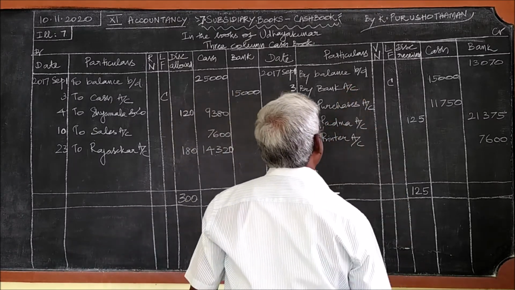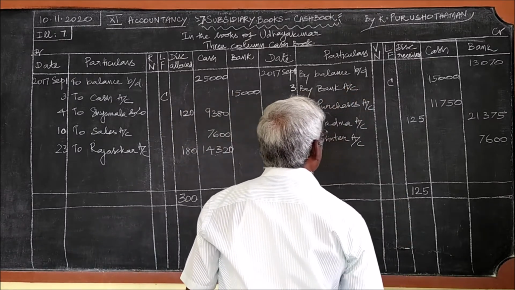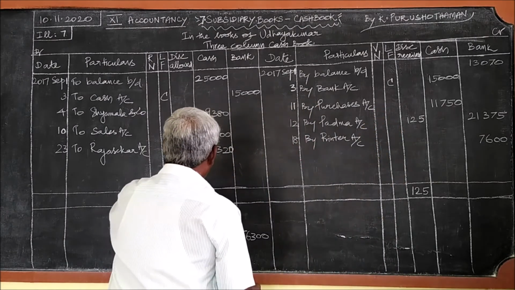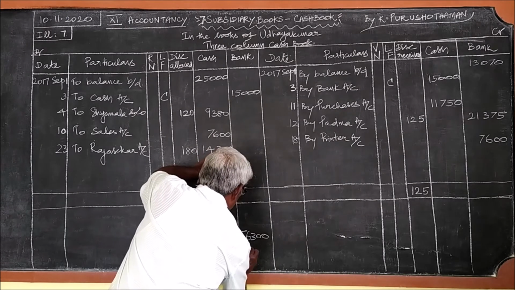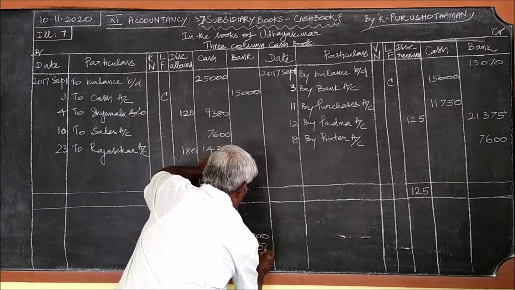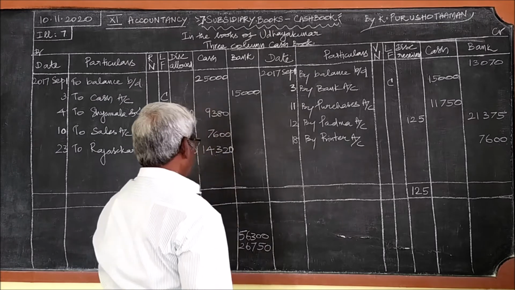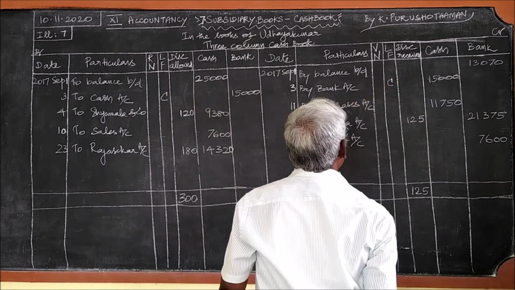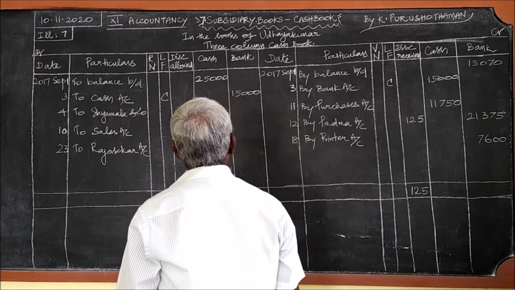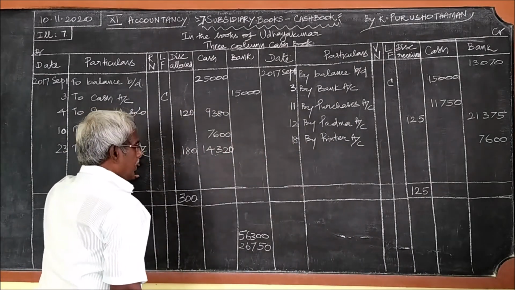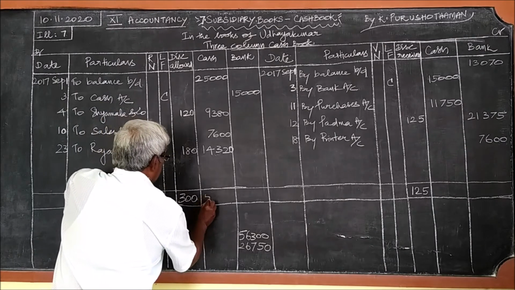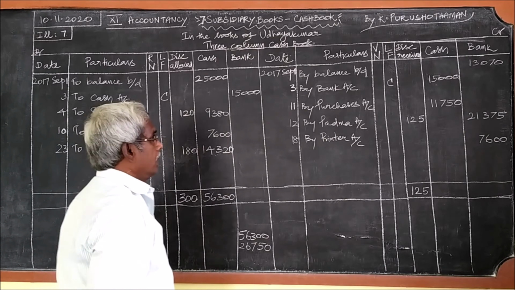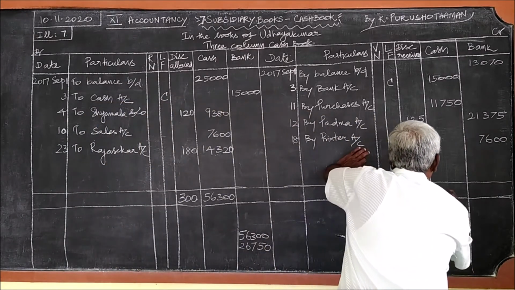Then on the credit side, the total is 26,750. Debit side total 56,300. Credit side cash column total 26,750. Write the greater total on both the sides, 56,300, and here also 56,300.